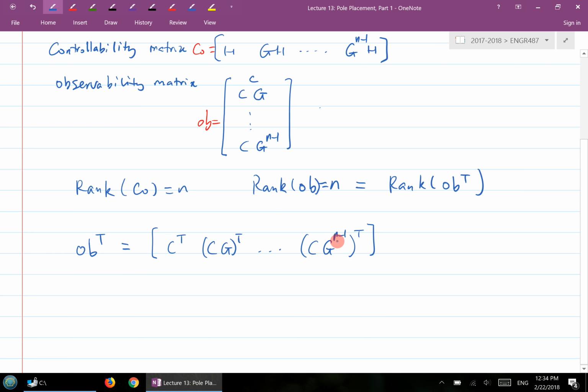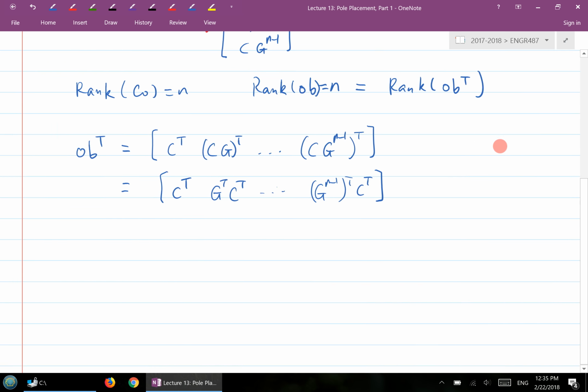You can further simplify this a little bit. When you have (CG) transpose, this becomes G transpose C transpose, and this becomes (G to the power n minus 1) transpose and C transpose. So instead of checking the rank of this column vector, you can also check the rank of this row vector, and it will be equivalent. Sometimes writing this one is probably easier. It really depends on how you formulate the matrix.